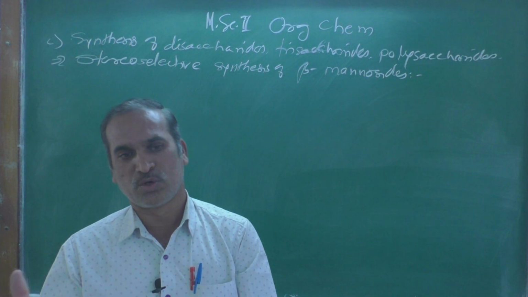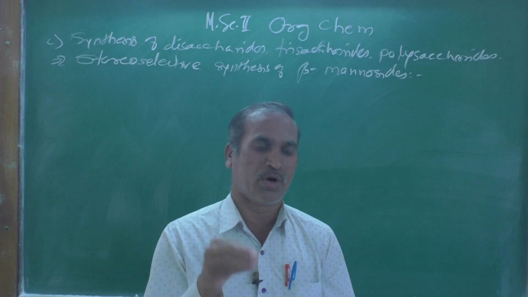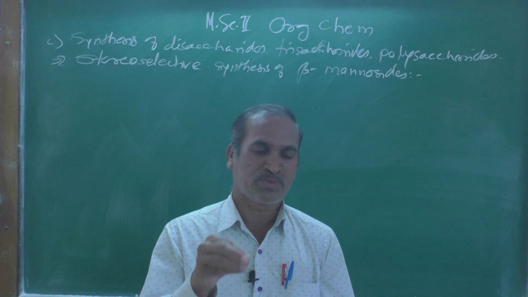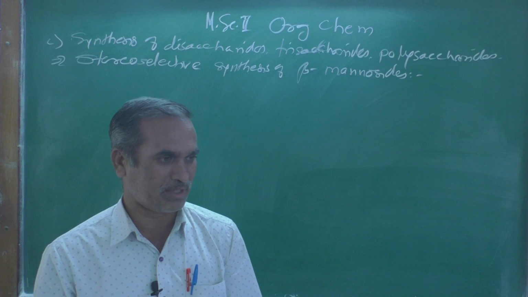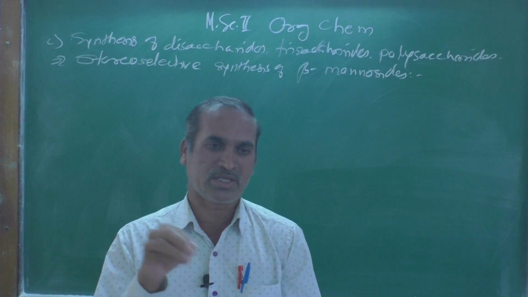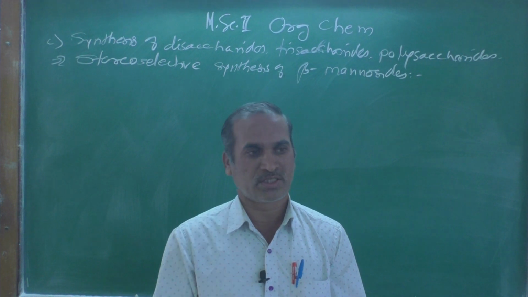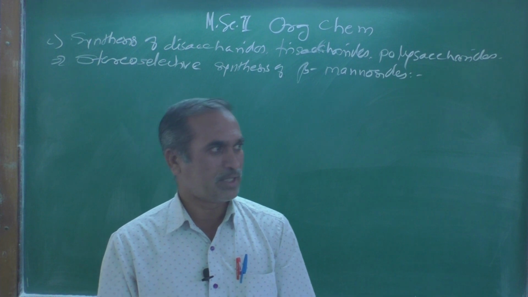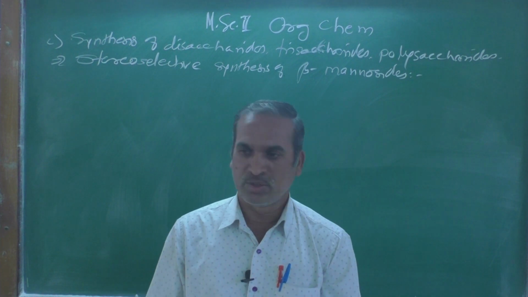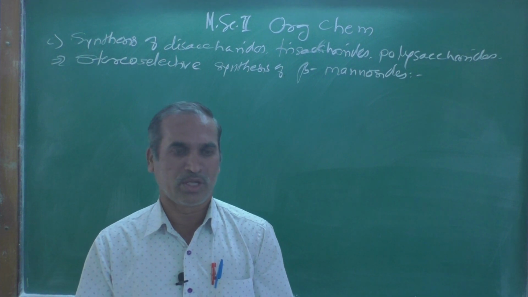So today onward, one important point as far as this syllabus of carbohydrate chemistry is concerned. Carbohydrate chemistry, as we know, deals with polyhydroxy, optically active compounds containing a formyl group or a ketonic group.